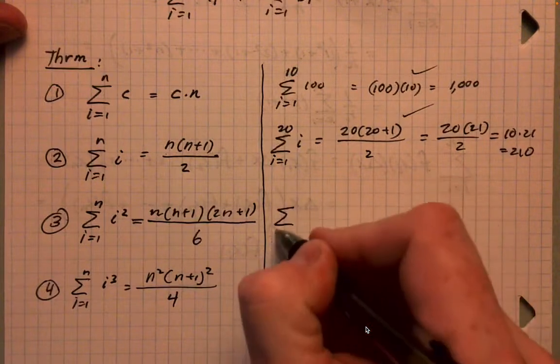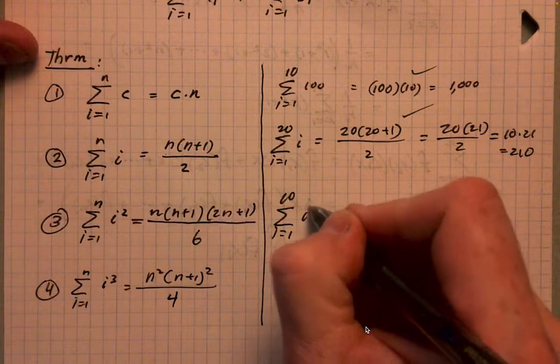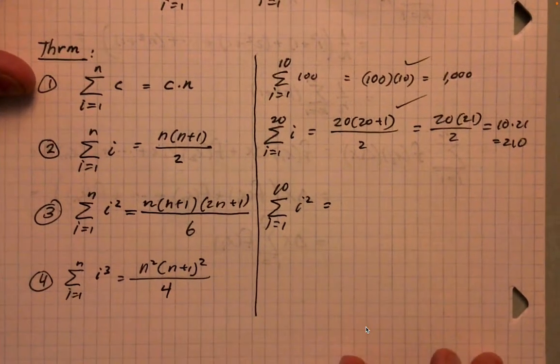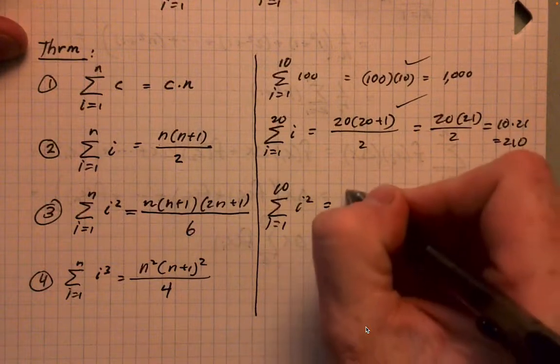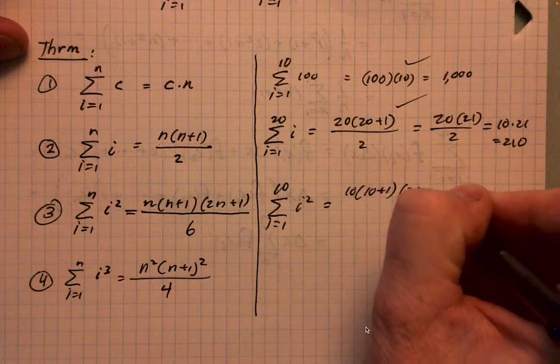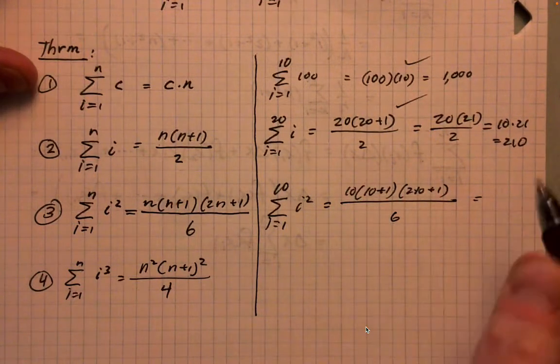How about down here? We'll go i equals 1 to 10 of i squared, just so we can plug these numbers in to see how we evaluate these. This would be 10 times 10 plus 1 times 2 times 10 plus 1, all over 6.